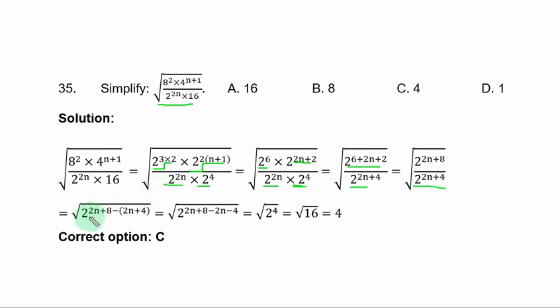If you open the bracket with a minus sign, you have this result. When you subtract, 2n minus 2n is 0, plus 8 minus 4 is 4. So you have square root of 2 power 4. That is square root of 16, and you have 4. C is the correct option.